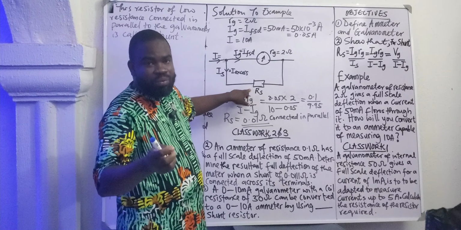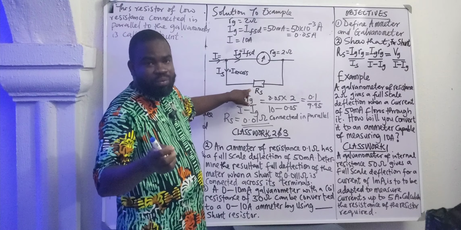Two is that we are using this shunt to increase the current range, the current rating of what? This galvanometer. What are we saying? The current that this galvanometer can take, based on this question, is 50 milliamp, which means the initial range is 0 to 50 milliamp.